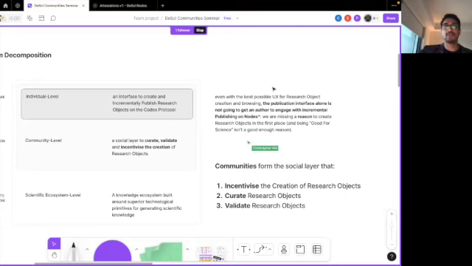And that's at the root of what communities, and also this piece about attestations and annotations that we've been talking about for a while, is about. This whole piece is a social layer around this individual level of just publishing research objects. We're aiming to create a social layer to curate, validate, and incentivize the creation of research objects.